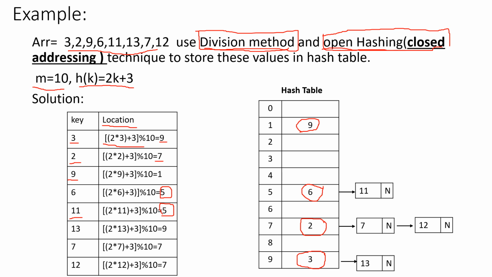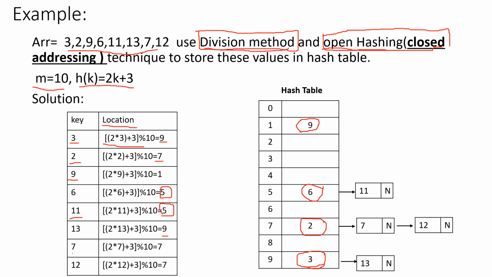Now coming to the 13, if you calculate the index of the 13, you will get index 9, and you see that the 9th index is already filled. So what will you do for the 13? Do remember open hashing, then create one new node for 13 and then store the 13. Right?